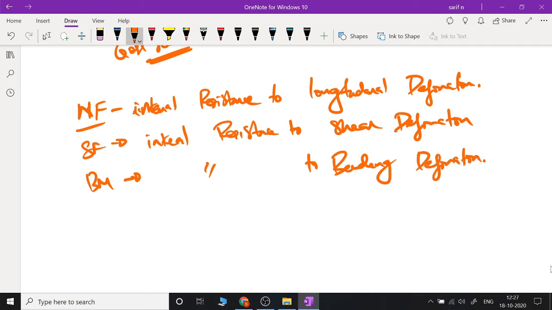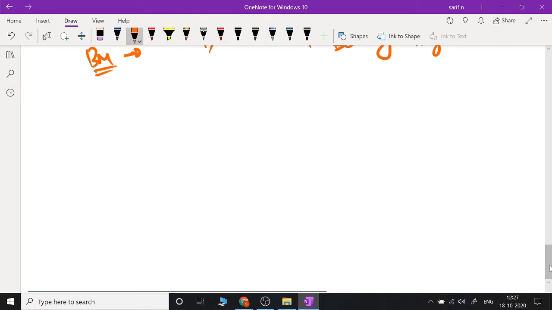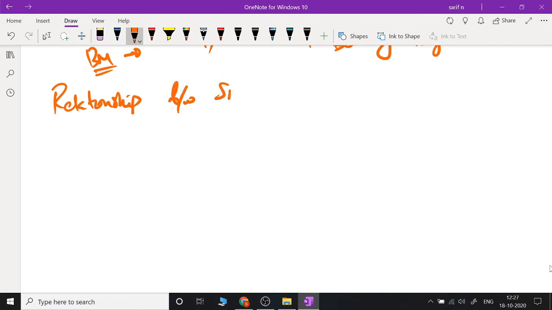Okay, so these are the different types of shear force, bending moment, as well as their definitions. Now what we have to do is develop a relationship between the shear force, bending moment and the loading.